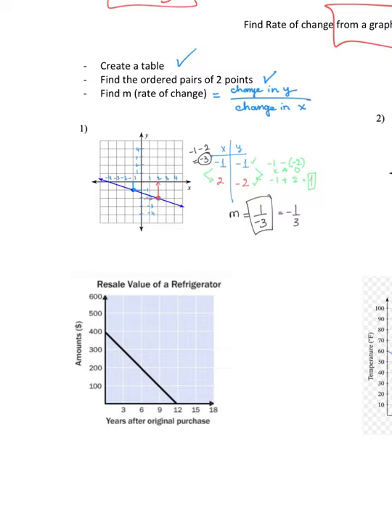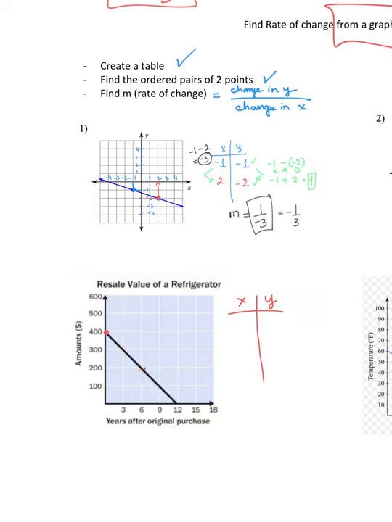Okay, now they don't tell you what points you're going to plot, so you're going to choose. I would choose this point and this point. If you'd like to choose this point, feel free to do it. You just need to pick 2.